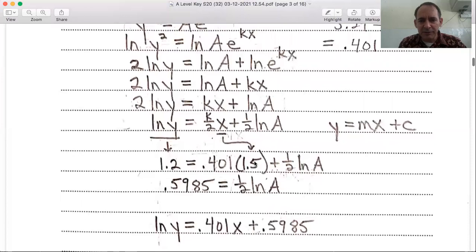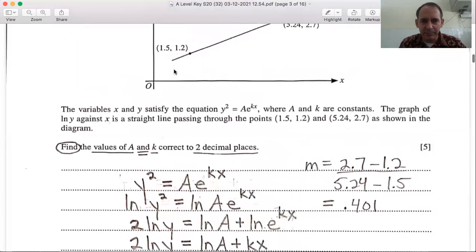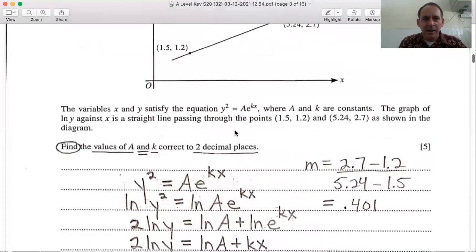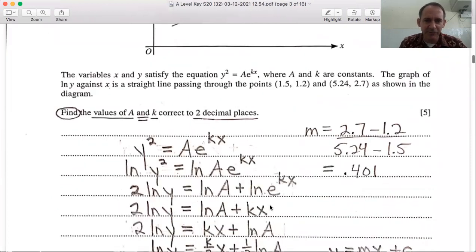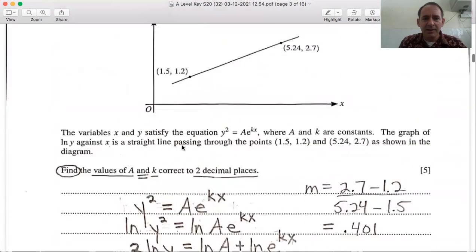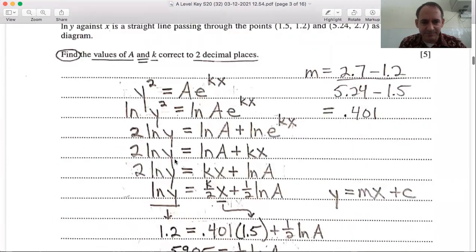So to figure out the plus c part, or this 1/2 ln a part, we need to plug in an x and y coordinate. So I picked the 1.5 and 1.2. Now remember that the 1.2 is not just the y, it is ln y. So be careful there that you're plugging 1.2 for the entire ln y. Don't put ln 1.2 because it's already identified as ln y on your y-axis.